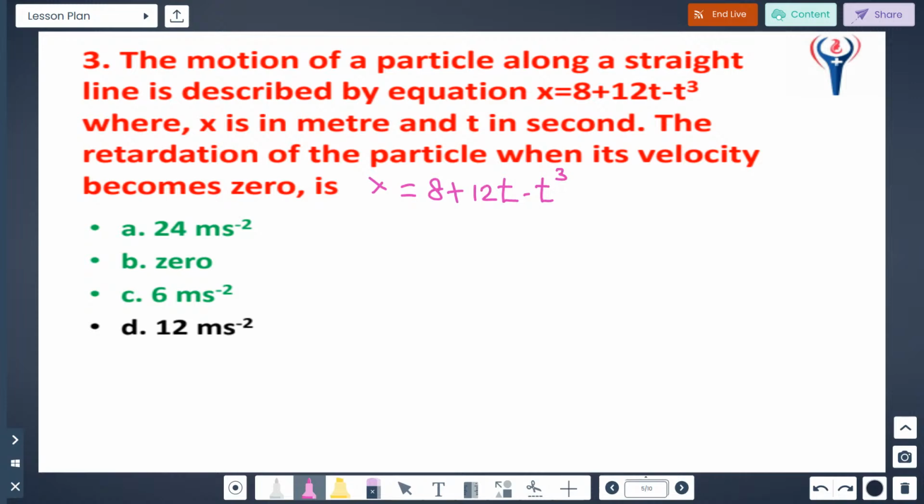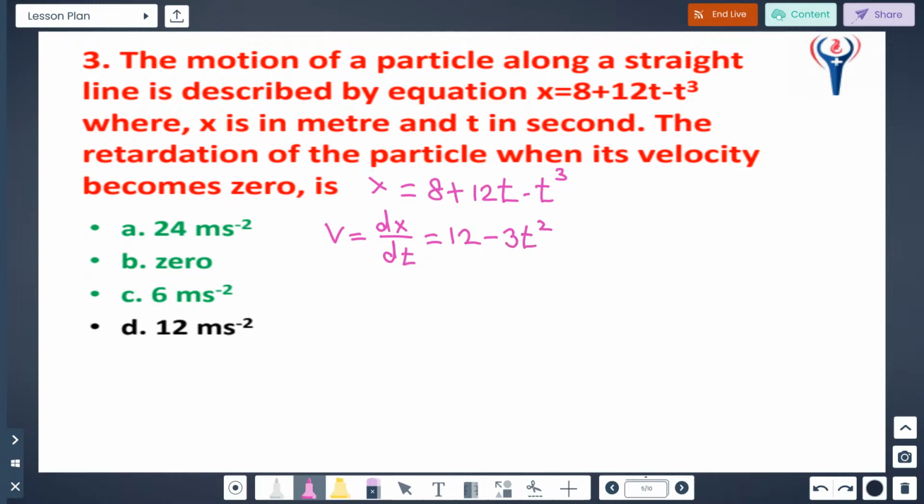First find velocity. Velocity v equal to rate of change of displacement or distance dx by dt equal to 8 is a constant, you will get 0. 12t if you differentiate, 12 minus t cube if you differentiate, 3t square.